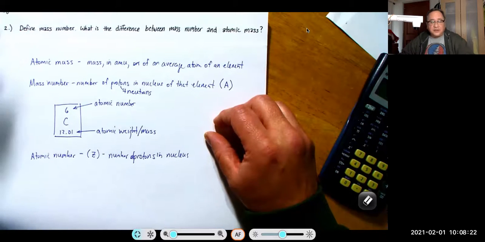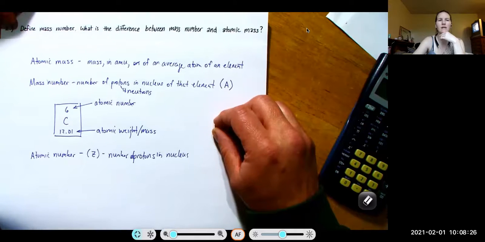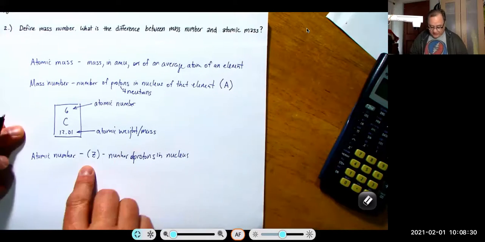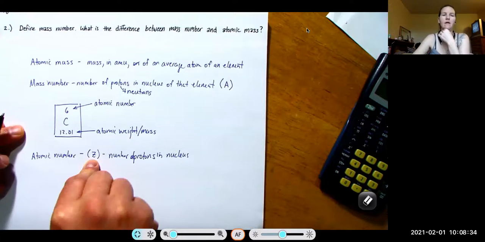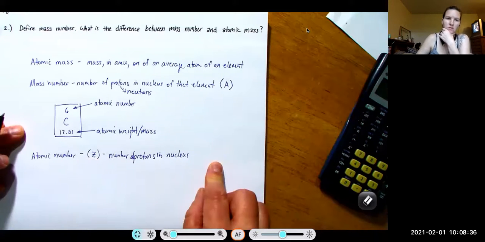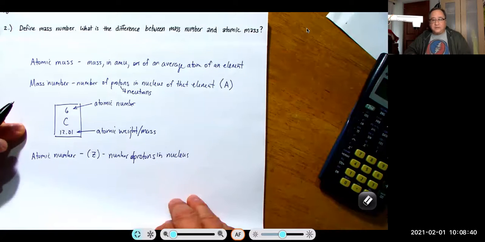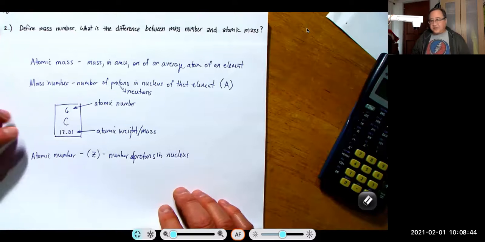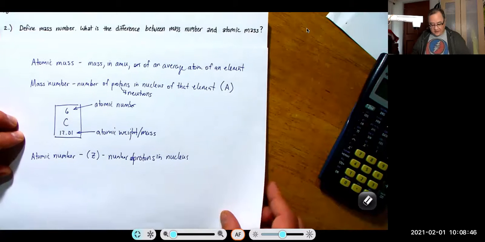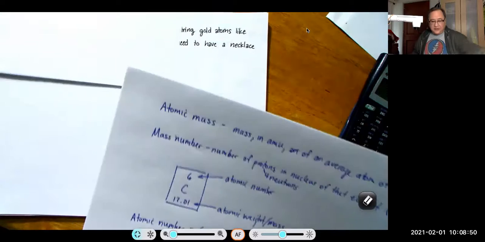Are we good on this one? What is Z again? Z is the atomic number. Okay, thank you. I'm looking for a few thumbs up, more than one, if we're ready to move on. We've got a lot of stuff to cover, and a lot of this you should have read about in hopefully the book.